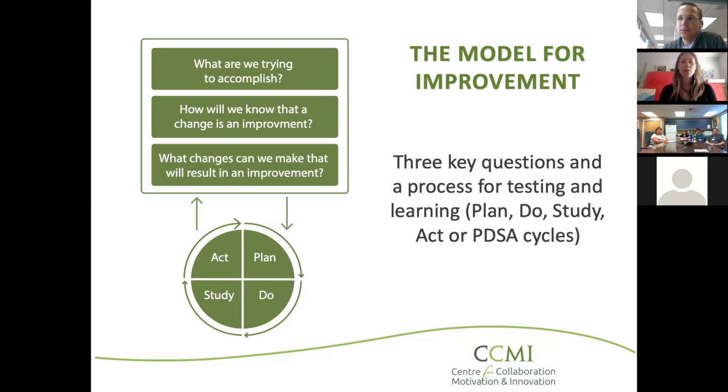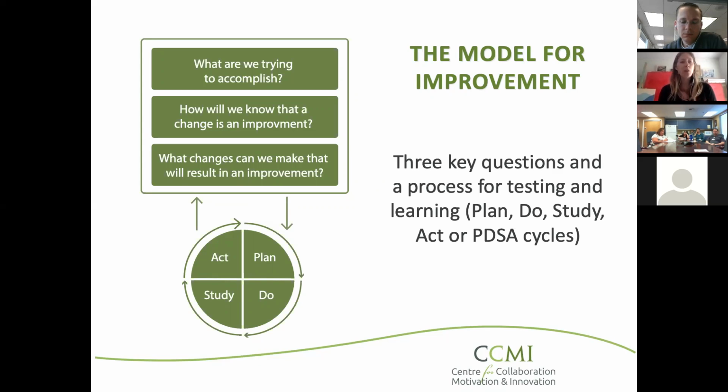Recall, this model was developed by the Associates for Process Improvement, and you can find more of the model in the book, The Improvement Guide by Langley et al. It's based on the work of a number of leading thinkers in the disciplines of management theory, statistical theory, psychology, and underpinned by the theory of profound knowledge, which we talked about last week, developed by Deming.